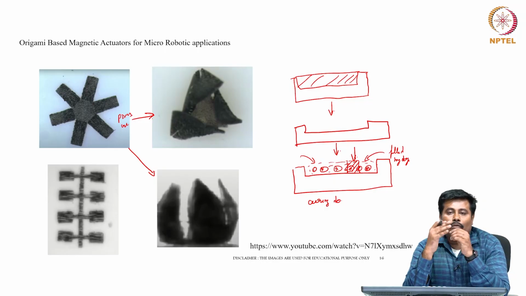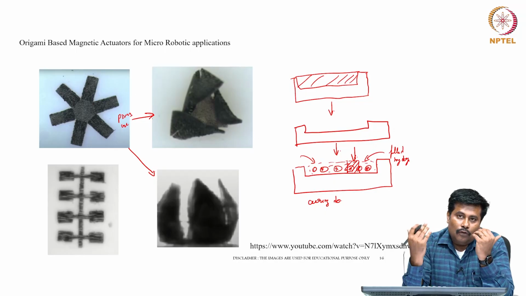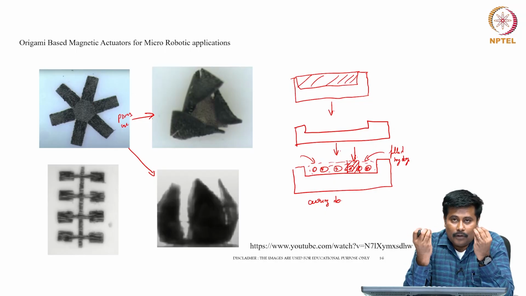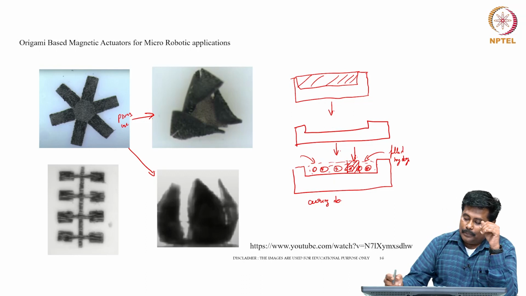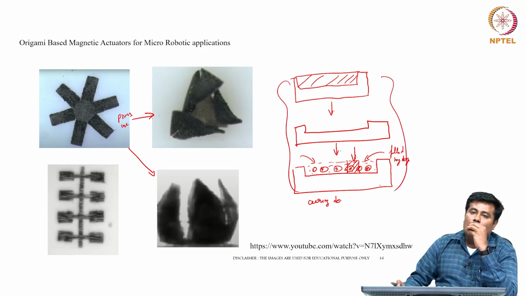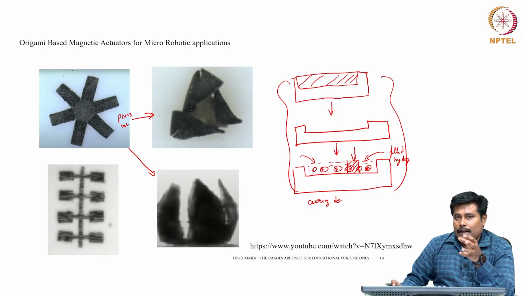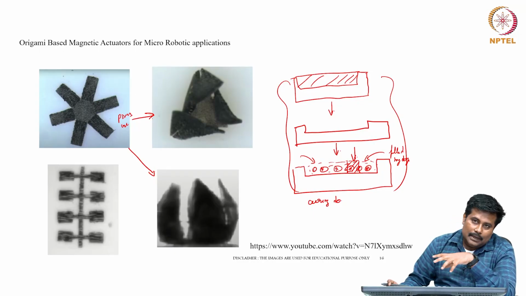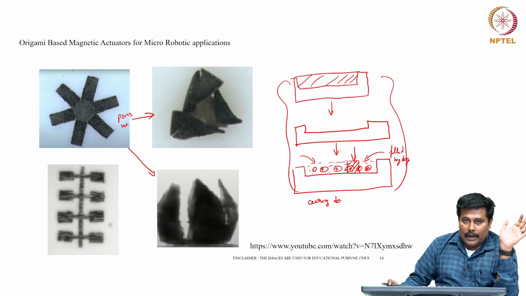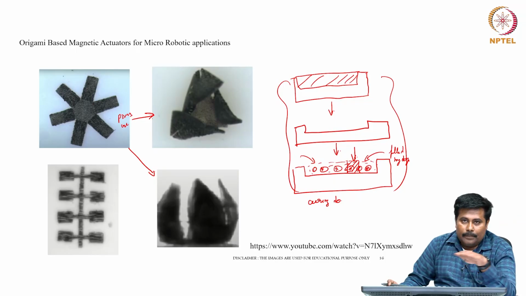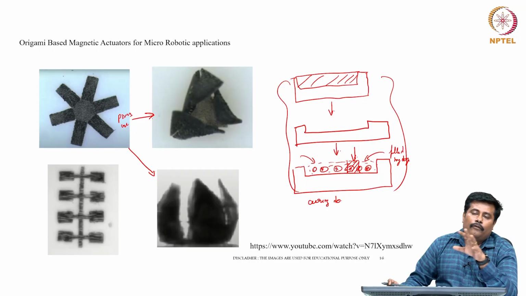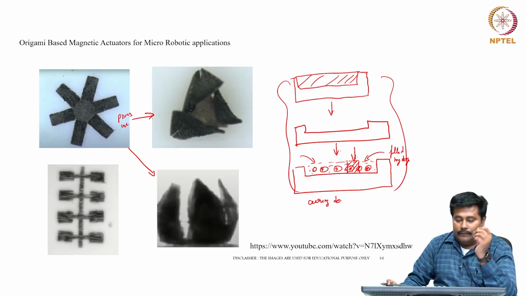So, ideally if there is a need to go for programming in the form of an origami based structure, it is possible by this technique, since there is a flexibility of using magnetic nanoparticles. These magnetic nanoparticles can be easily dispersed with these hydrogels, and appropriately it will be coated on the PDMS layer and cured based on the type of shape or the actuation which the system will take up.